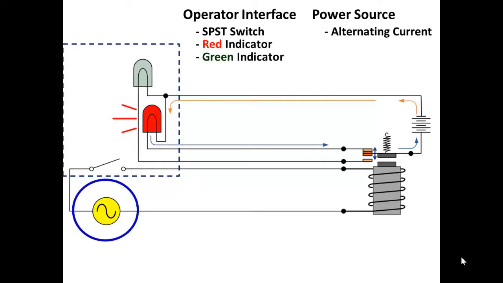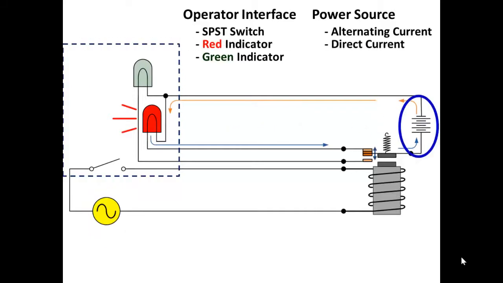For power, we have an alternating current supply for the relay coil, but the relay contacts are actually controlling current from a DC source. Now, I show a battery made up of 4 cells.